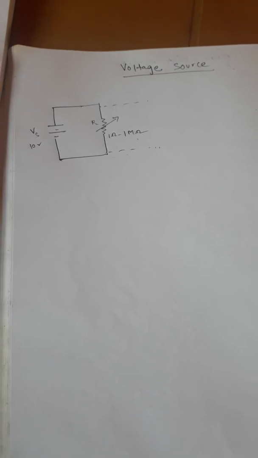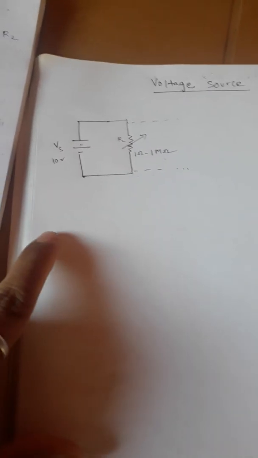So here you can see that the load voltage is fixed, that is 10 volt, when the load resistance changes from 1 ohm to 1 mega ohm. The question arises, why?